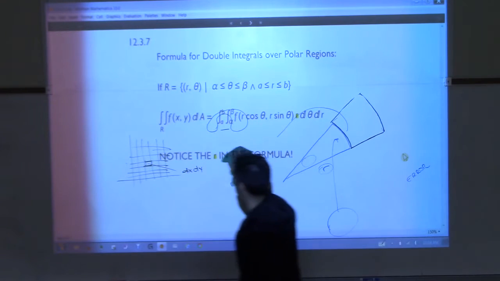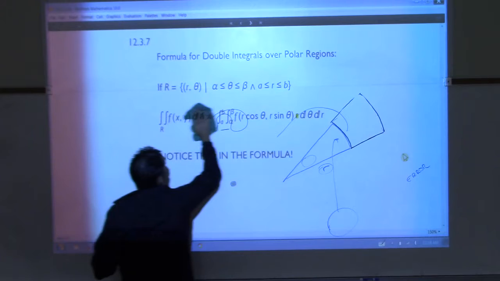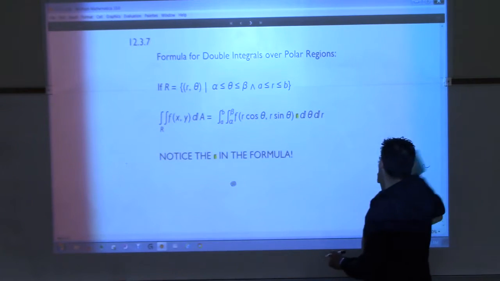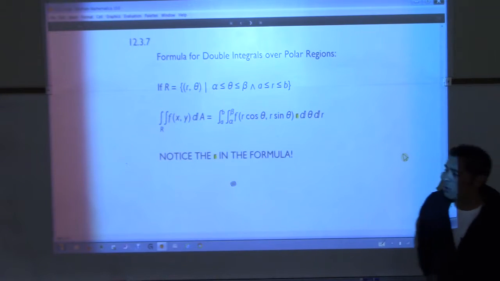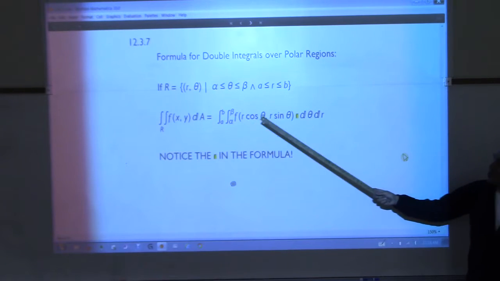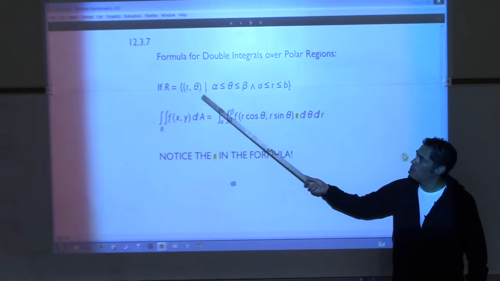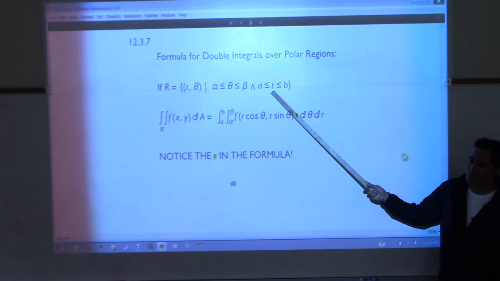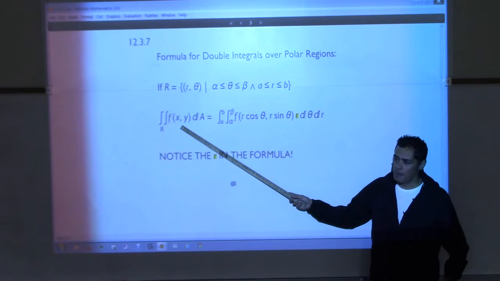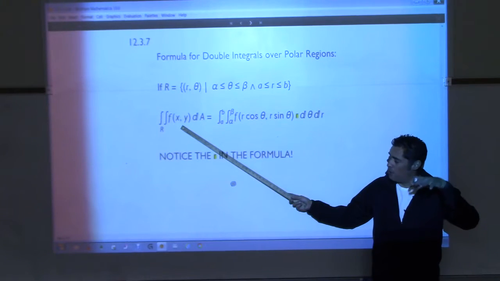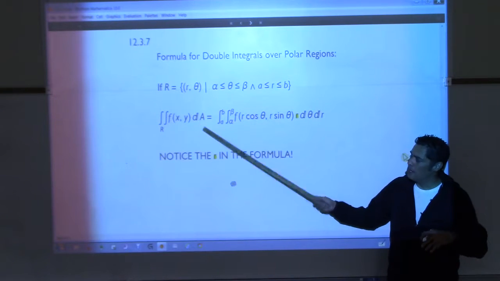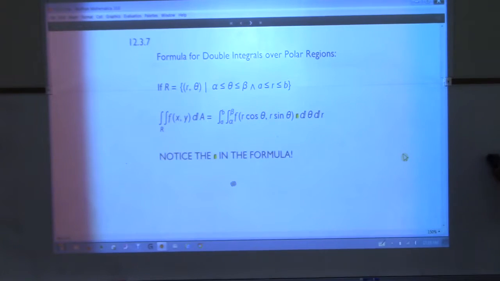So this is the part that matters. If you are doing a double integral in polar coordinates over a polar region, where your region is given by r and theta, where your theta is between two constants and your radius is between two constants, then the double integral, the volume underneath the function over that region R with respect to area, is the integral from a to b.